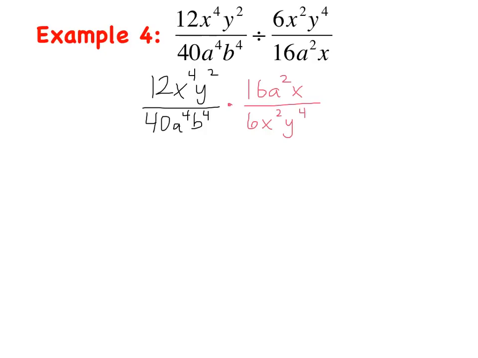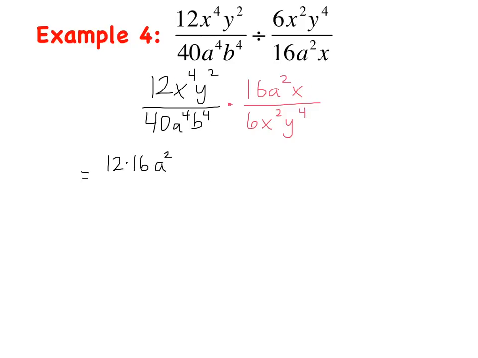Okay, let's go ahead and combine horizontally. So my numbers go up front, 12 times 16. And if we notice here, we've got an x to the fourth and an x. Oh, I want to put my a squared first. There's nothing to combine there, and putting everything in alphabetical order will make everything more organized. Now let's go back to this x to the fourth x.